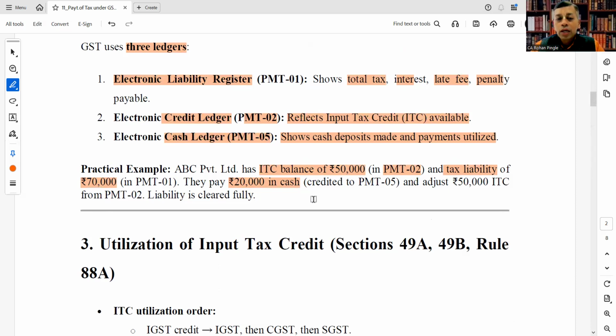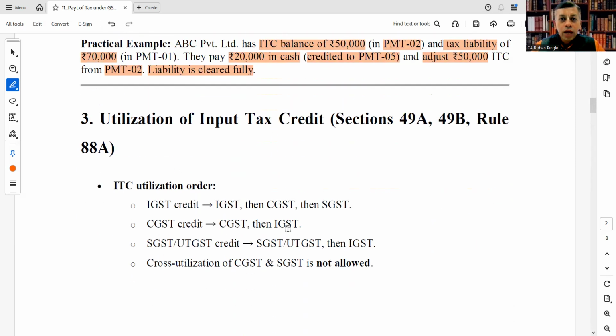They pay rupees 20,000 in cash, credited to PMT-05, the electronic cash ledger, and from that they utilize the payment and adjust rupees 50,000 ITC from PMT-02. Liability is cleared fully. Hope you are understanding.